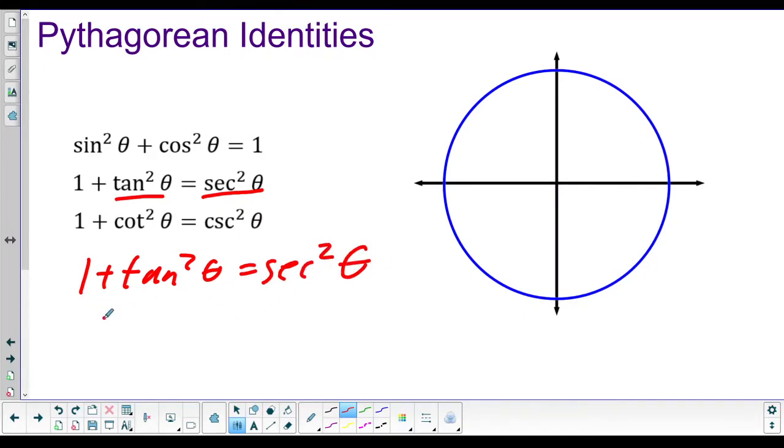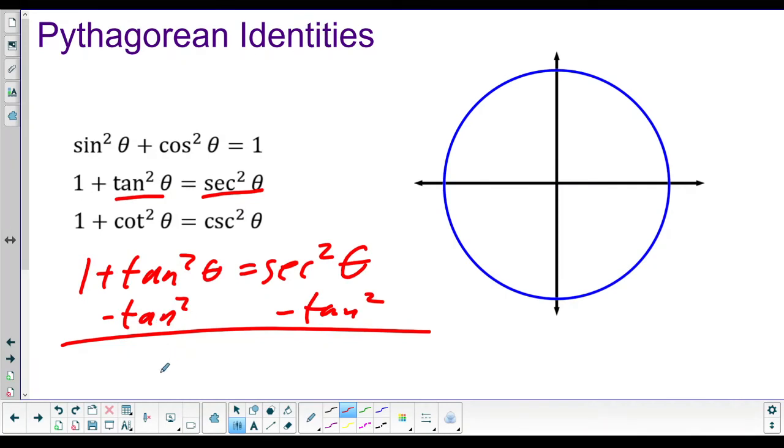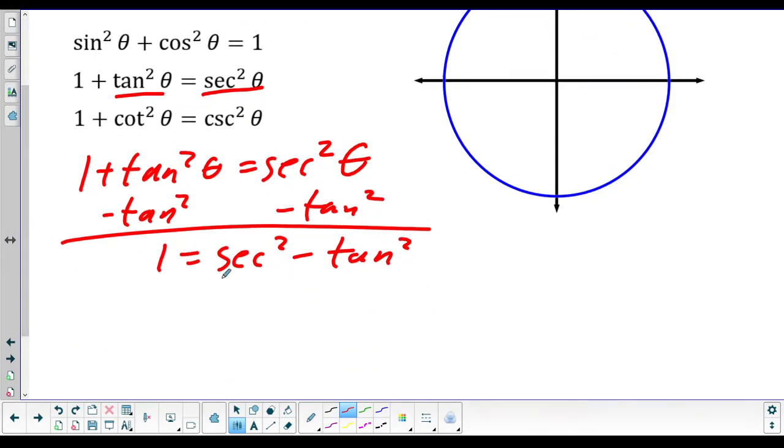But we can subtract the tangent squared over. Okay, I'm going to omit the thetas just for simplicity. 1 equals secant squared minus tangent squared. All right. So secant squared minus tangent squared equals 1.